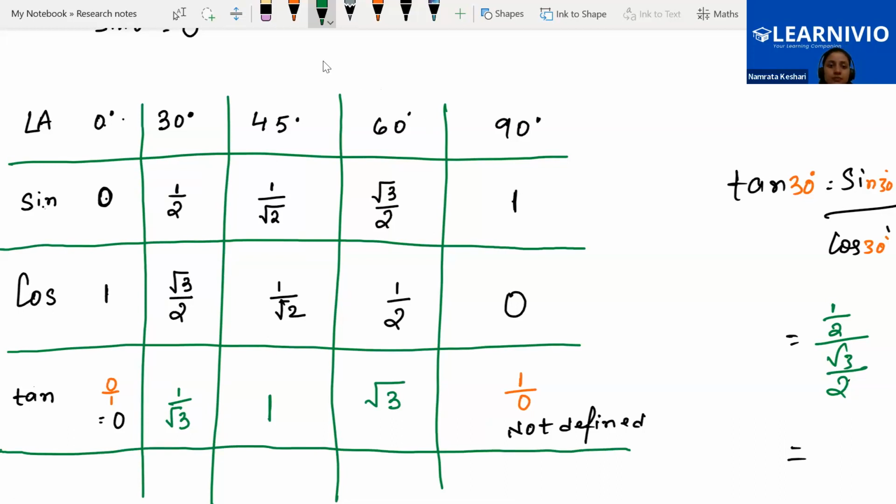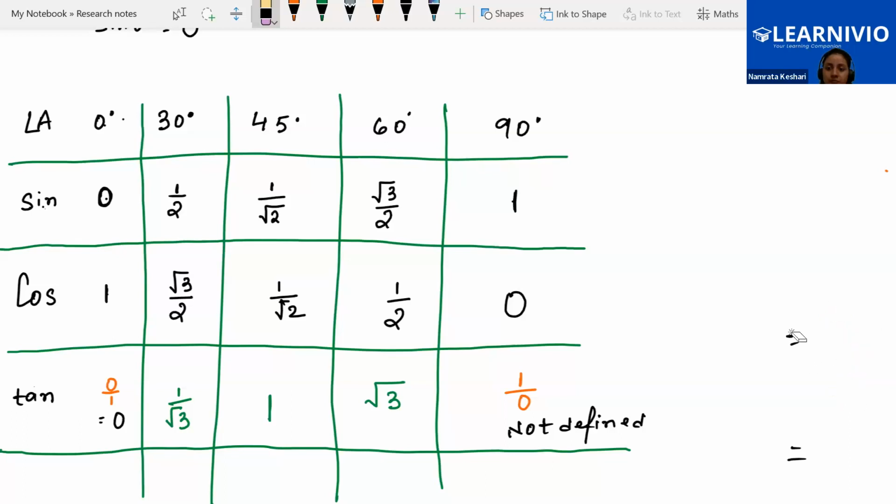Let me know. Everyone is getting root 3 over there. Okay.